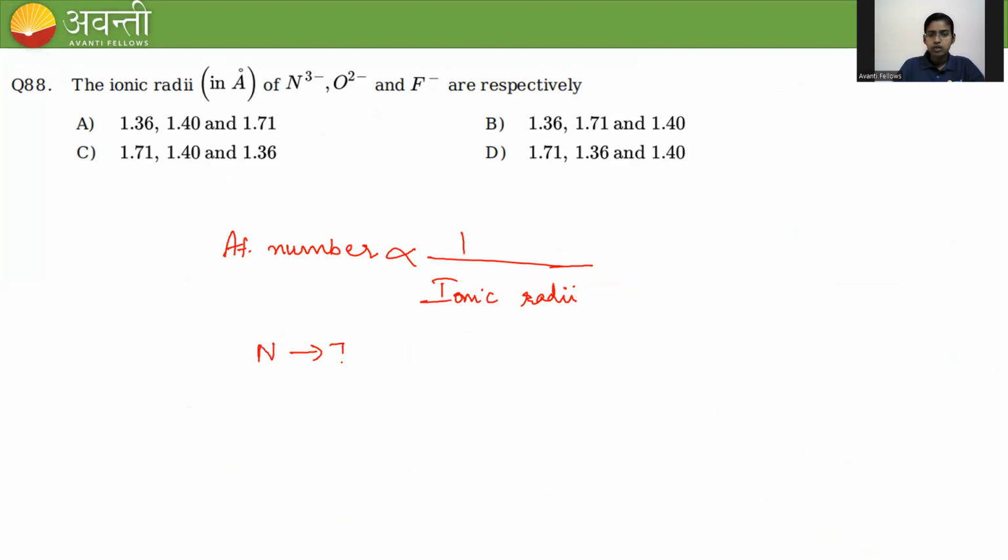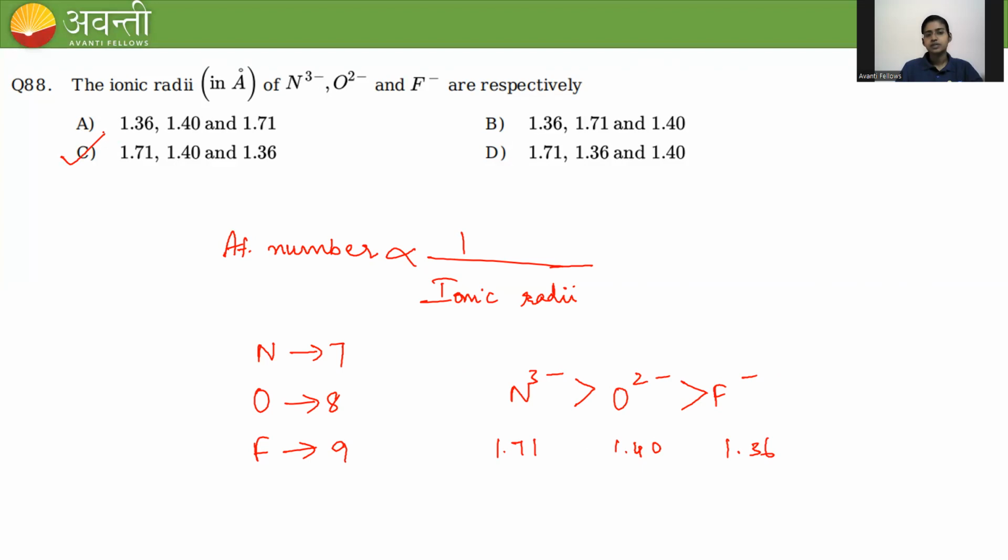Atomic number for nitrogen is 7, and for oxygen is 8, and for fluorine it is 9. Means N3 minus will be greater than O2 minus, then F minus. So here the given values, if you see, 1.71 is the highest, then 1.40, then 1.36. So option C is the correct answer for this question. Okay.